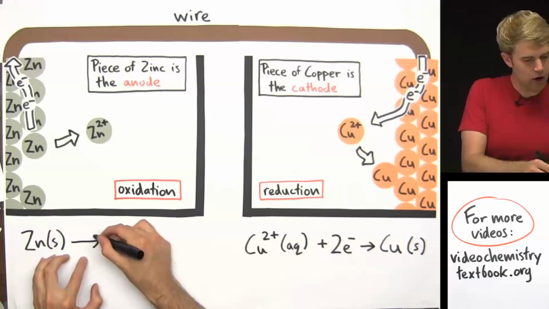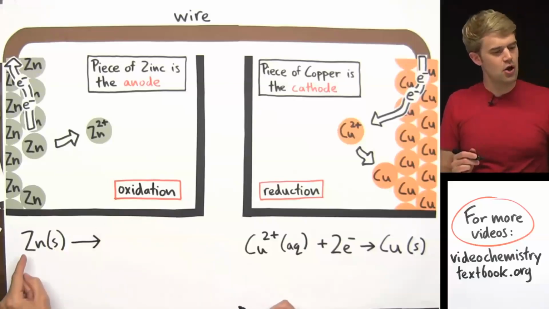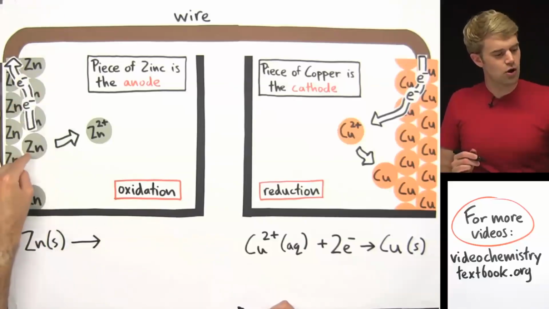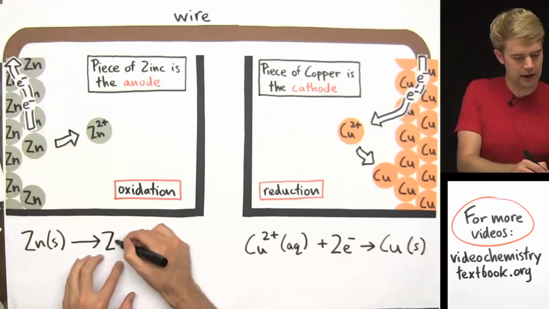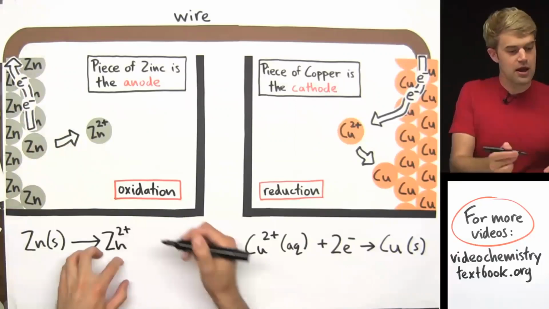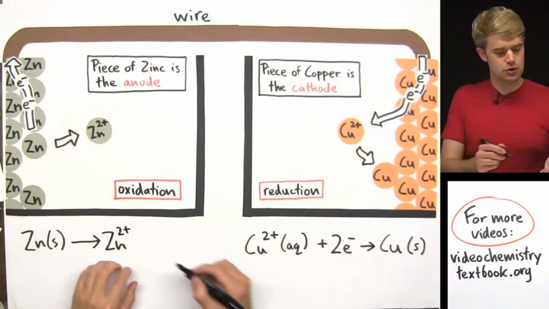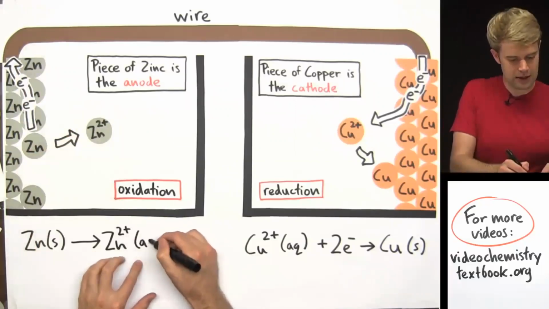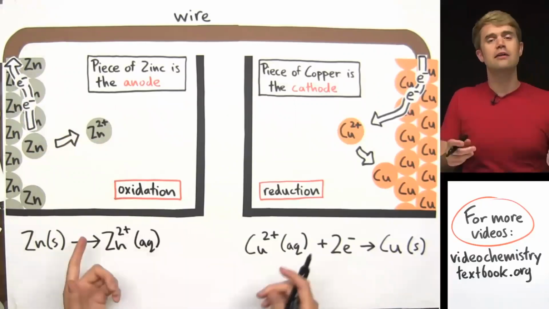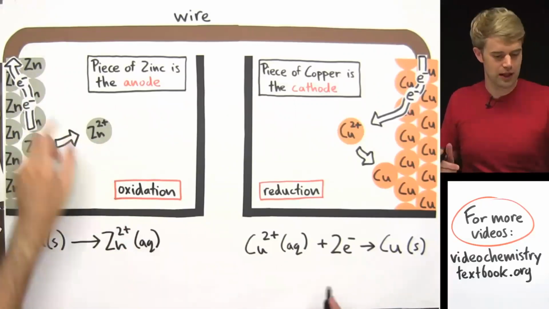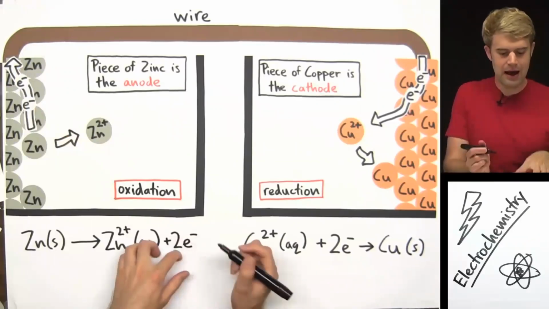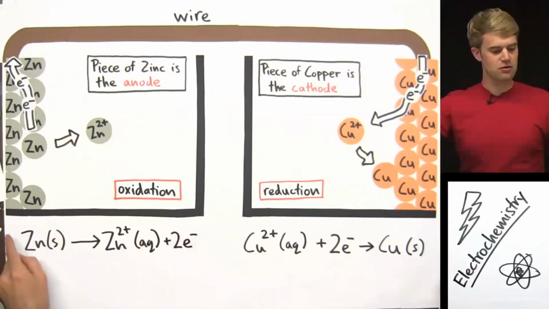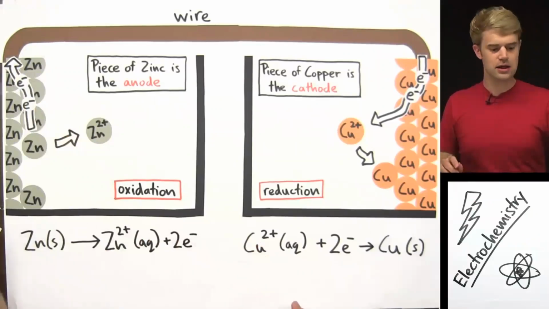I'm going to put this arrow, I'll leave the electrons for last. Losing the electrons turns the neutral zinc atom into a Zn2+ ion, Zn2+, that is now dissolved in solution. So I'll write aq here. And then finally, to show that I lost those 2 electrons here, I'll put plus 2e- on this side. So this is the reaction for the oxidation.